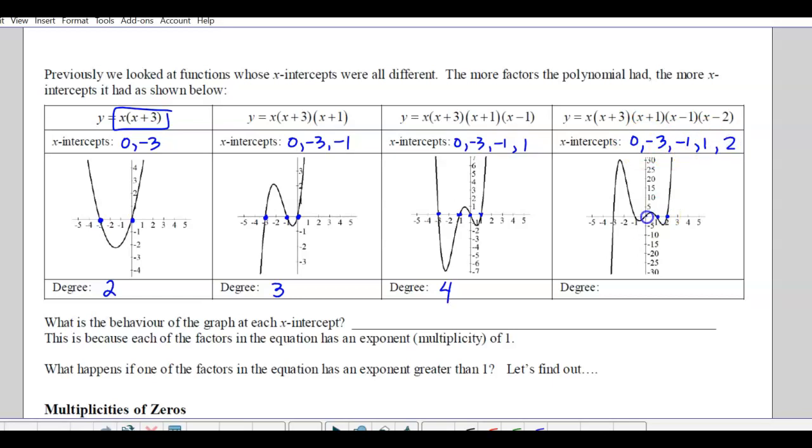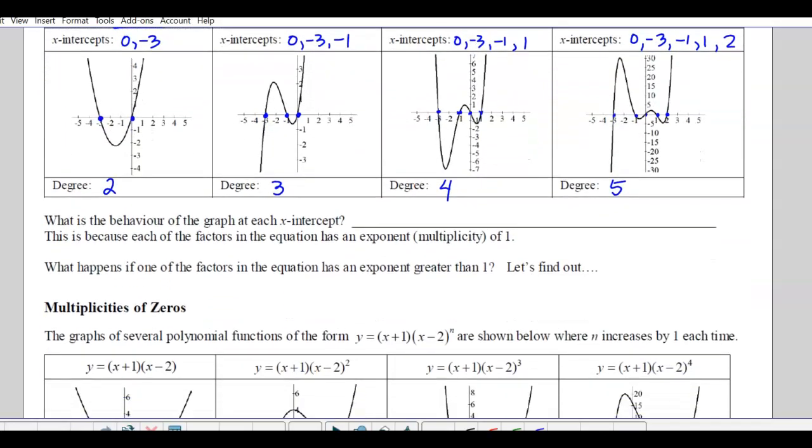So when you see them graphed, the graph goes through all of the x-intercepts, obviously, and keeps continuously going through those. Okay, we'll talk about behavior here at each x-intercept in the set. The degree here is 5. Okay. So what is the behavior of the graph at each x-intercept?